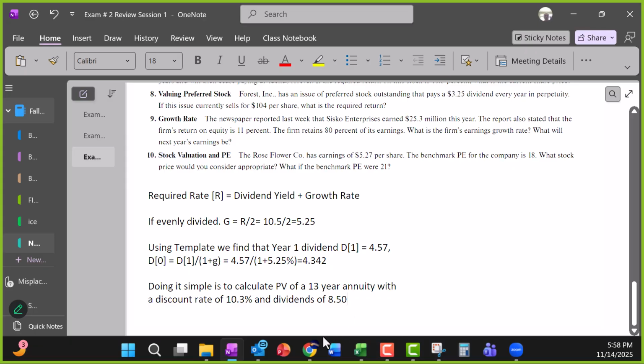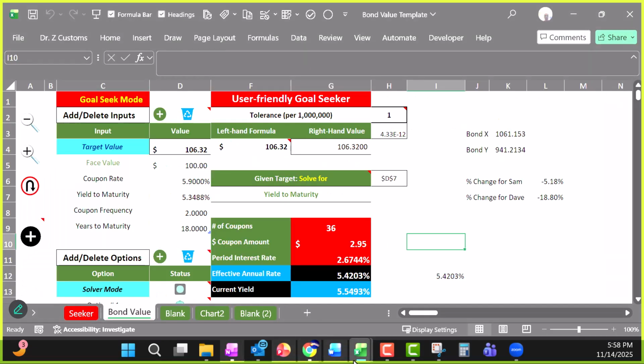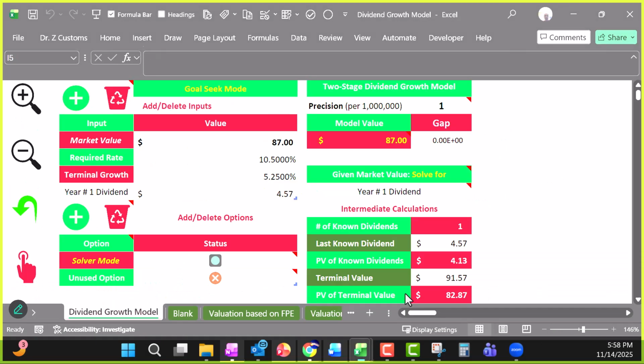But that's kind of too much. We're going to solve this using the not bond value, the dividend growth model.